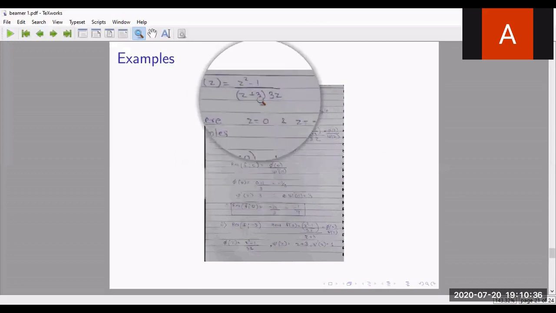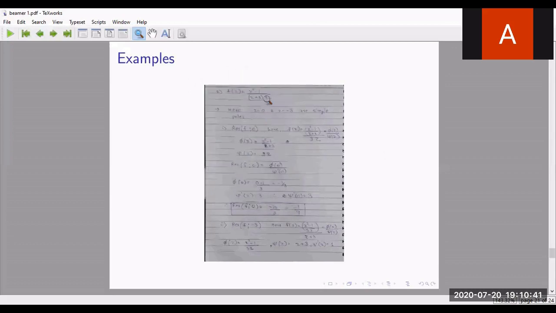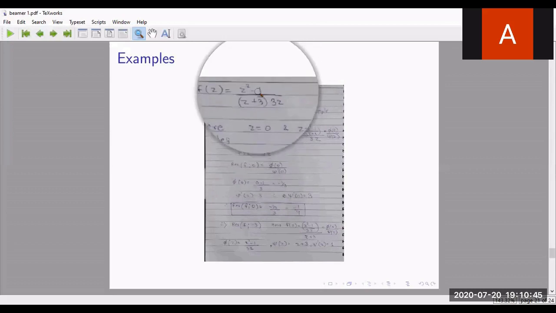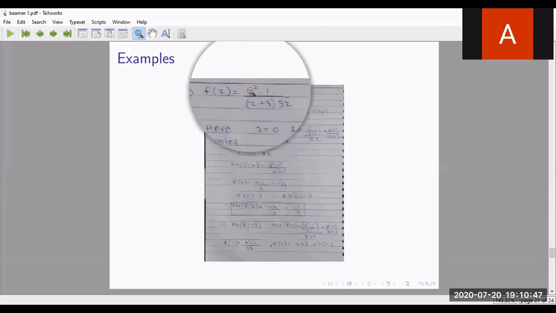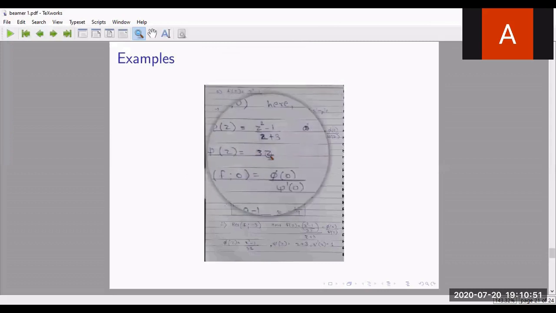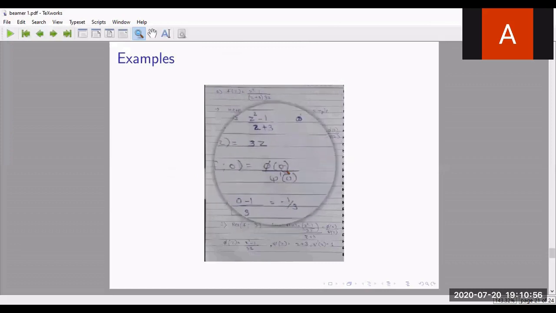So while finding the residue of f at 0, what is my phi? This complete term, and psi is 3z. Okay, psi of z is 3z. The residue of f at 0 is phi of 0 by psi dash of 0.